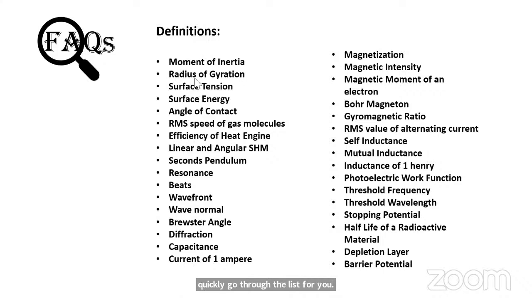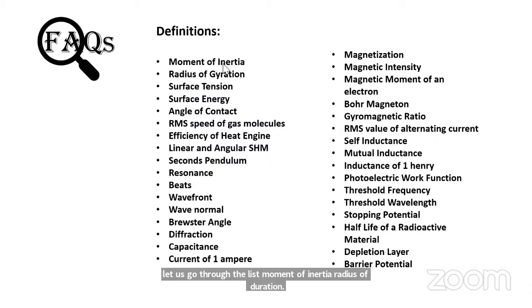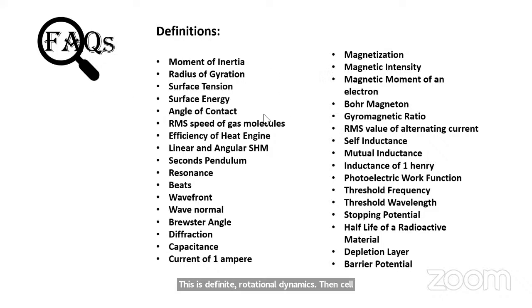Moment of inertia, radius of gyration. These definitions you will find in chapter 1, rotational dynamics. Then surface tension, surface energy, angle of contact. These definitions you will find in chapter number 2, that is mechanical properties of fluids.